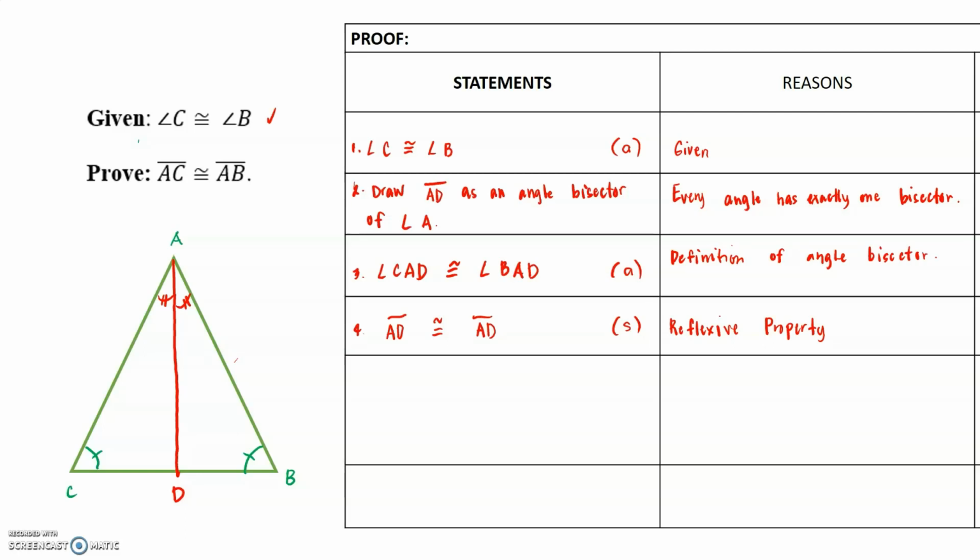Okay, so now I'm sure that you have already realized what postulate we can use to prove congruence of these two formed triangles, right? So in our fifth statement, we'll say triangle ACD, or let's just say triangle ADC.